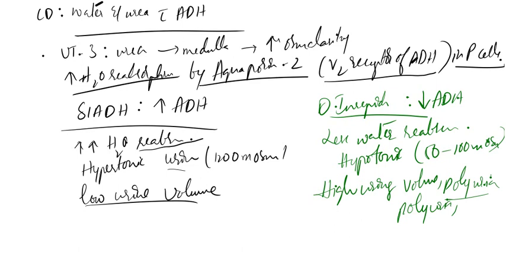Okay, now we will discuss some of the values. You may get a direct question. What is the renal blood flow? That is 1200 ml per minute. What is the total renal plasma flow? That is nearly 625 ml per minute.